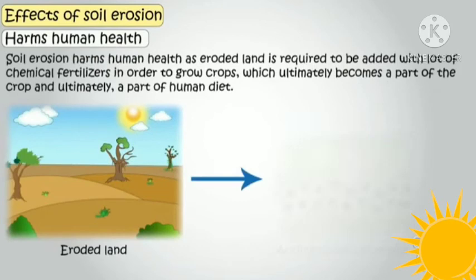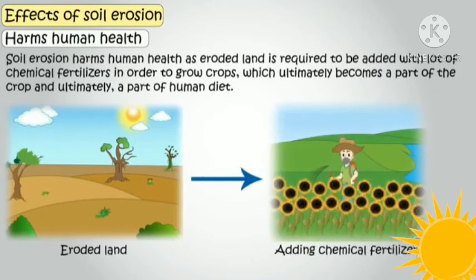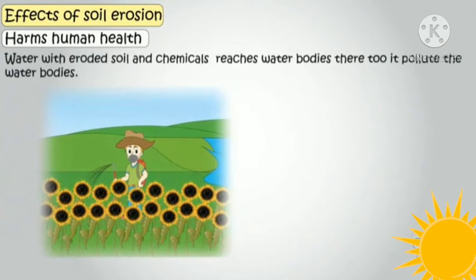Harms human health. Soil erosion harms human health as eroded land is required to be added with a lot of chemical fertilizer in order to grow crops, which ultimately becomes a part of the crop and ultimately a part of the human diet.